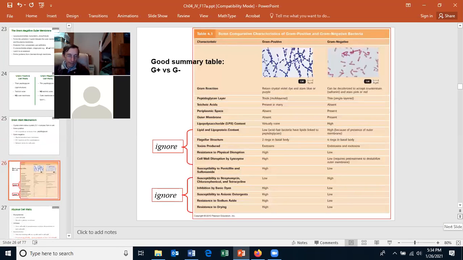The safranin is then used to stain the gram-negative cells pink. All right, this slide is showing you some differences and a summary between the gram-positive cells and the gram-negative cells, and it is a good summary. You can ignore the lower half of the slide. Peptidoglycan layer: thick in the gram-positive, thin in the gram-negative. Teichoic acid: present in gram-positive, absent in gram-negative.